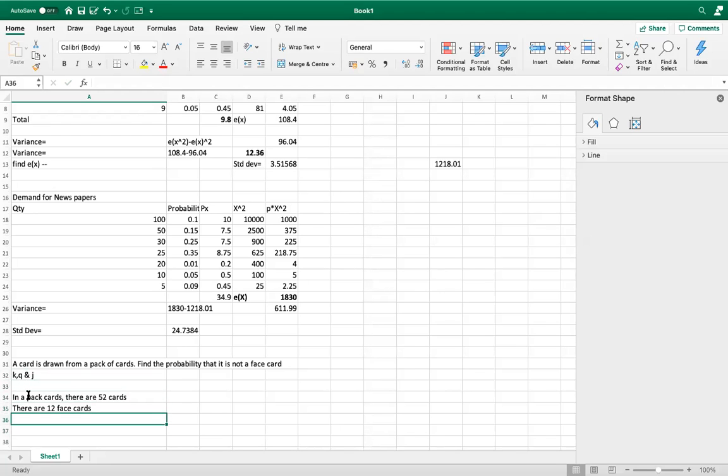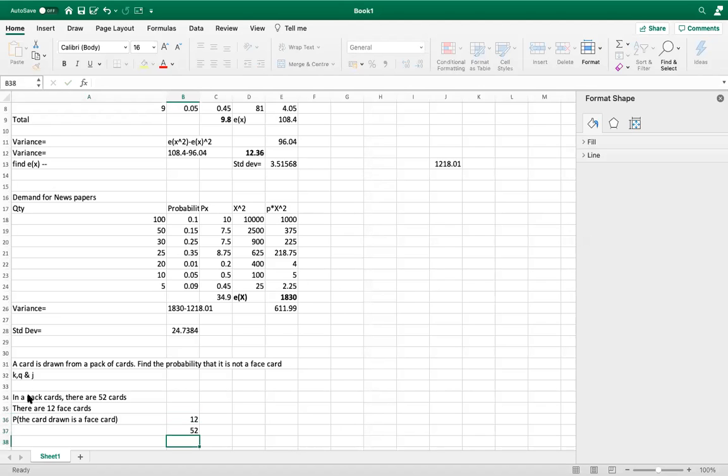So P of the card drawn is a face card. Okay, what is the P of the card drawn being a face card? 12 by 52.